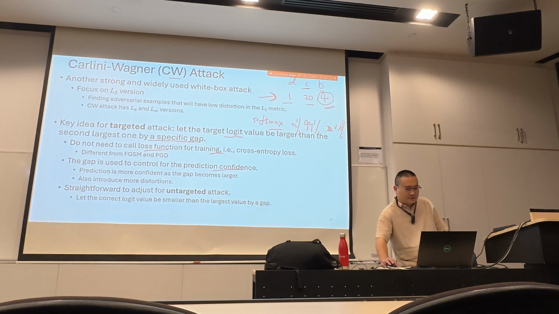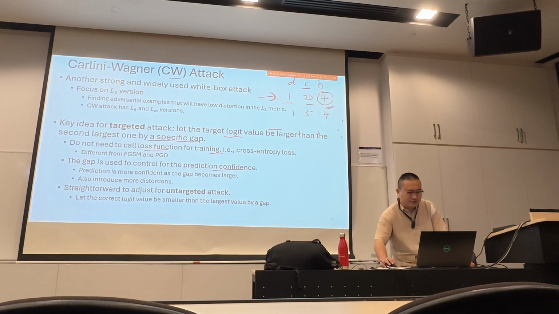However, for another setting, if the gap is small, for example, the logit of cat is only like 5, so we have 1, 5, 4, then after softmax, the probability for predicting cat will be much lower.